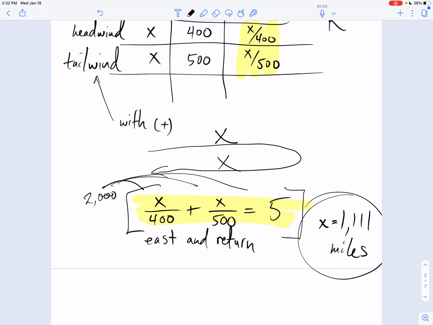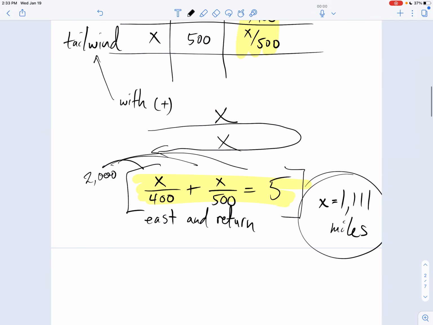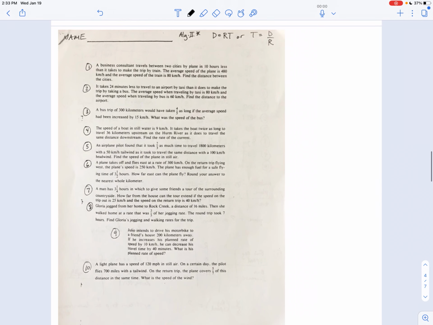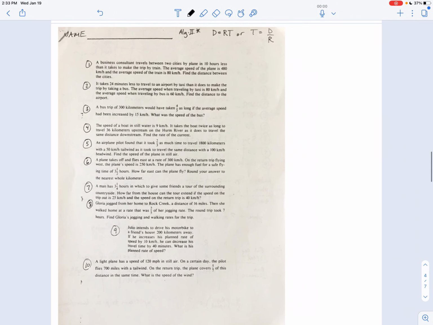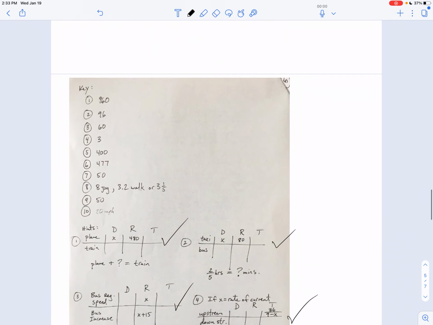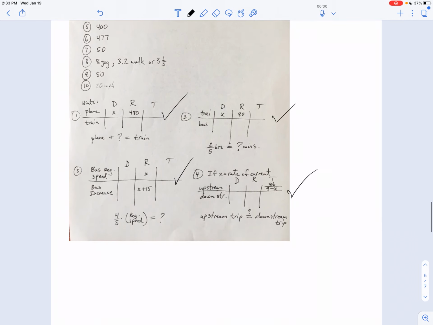Oh man, we're getting there. We only have one more example, and then I'd like you guys to look at the same exact problems that I have in this video. There's the assignment that you're going to do. There's the answer key, and there's my hints.